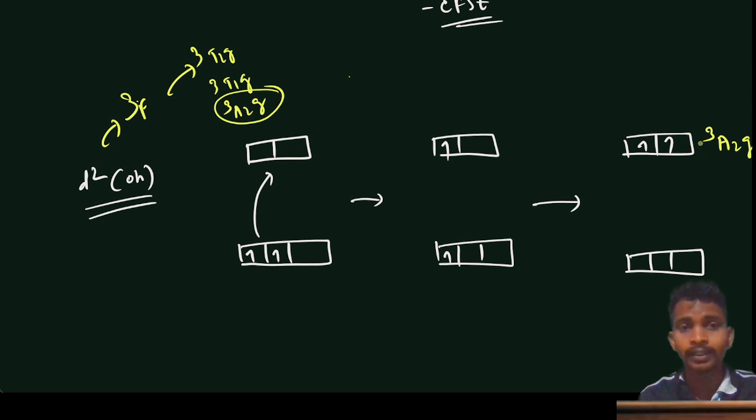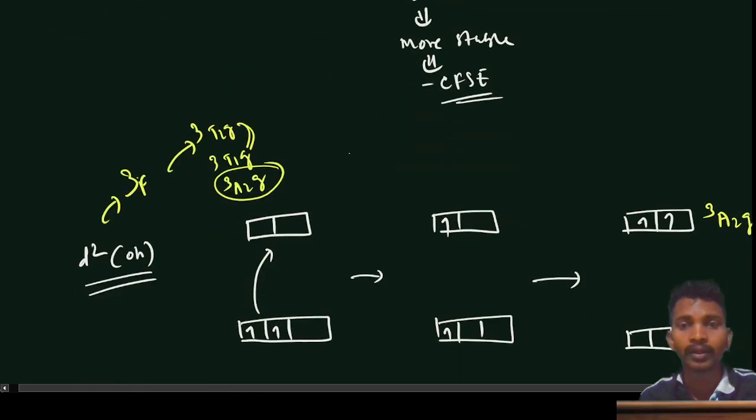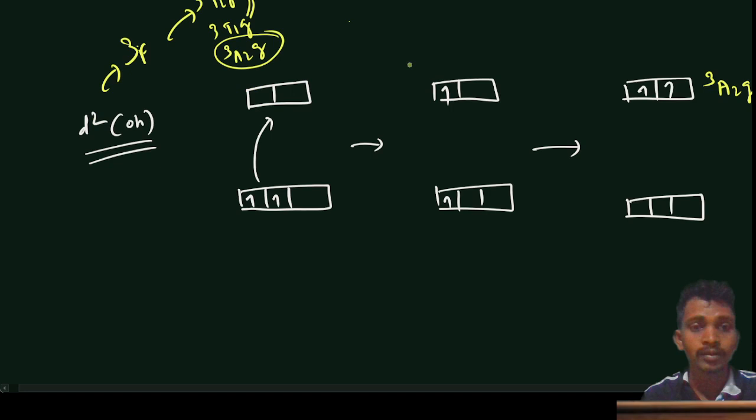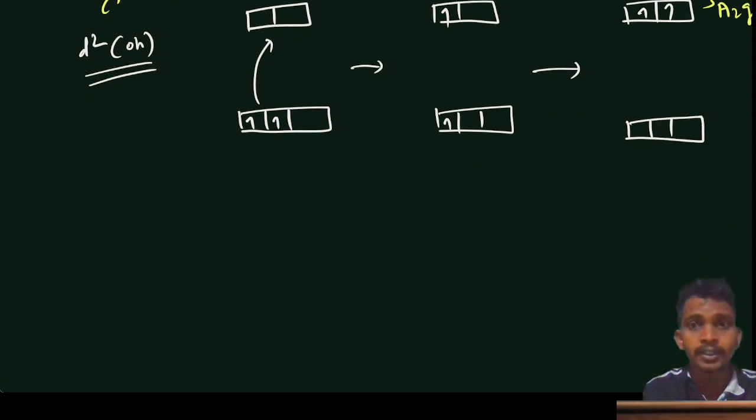So this I assigned T2g. Now here an excited state is also present, so I will have to assign between these two. Here you calculate the CFSE values, and you see that here one is an excited state and the other is the ground state. So first calculate the CFSE value.